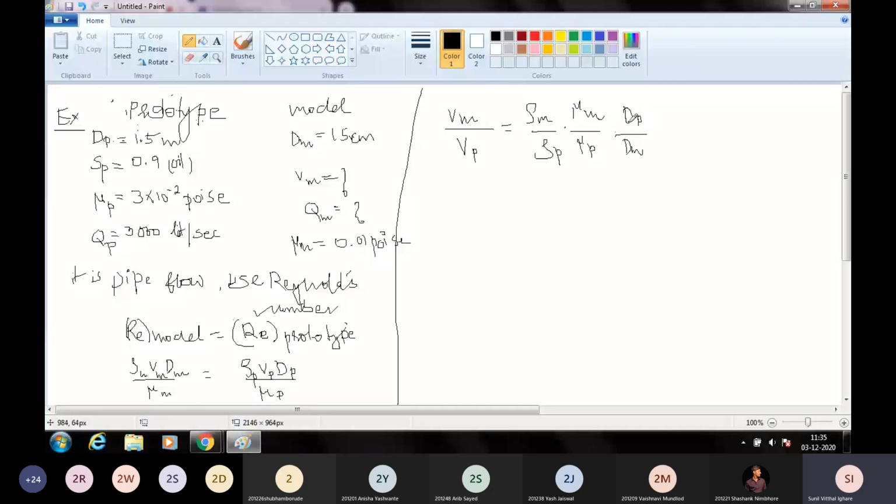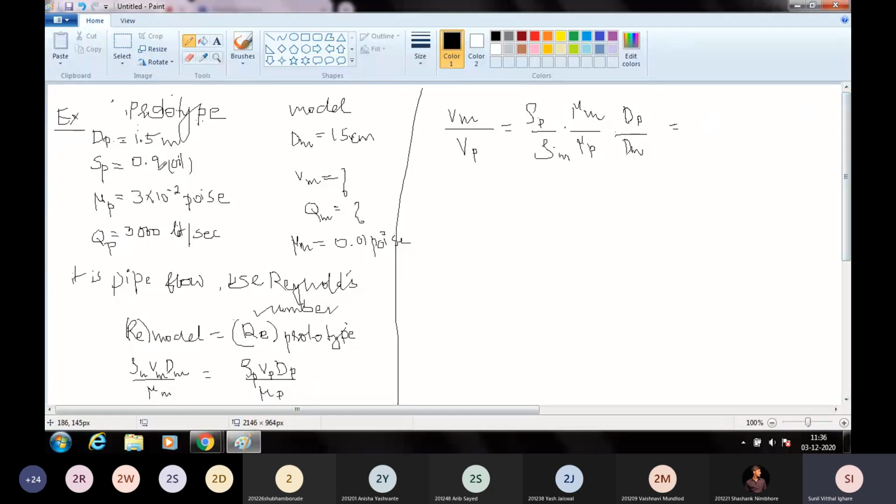Just make one correction. This is model and this is prototype. So density of prototype is how much?